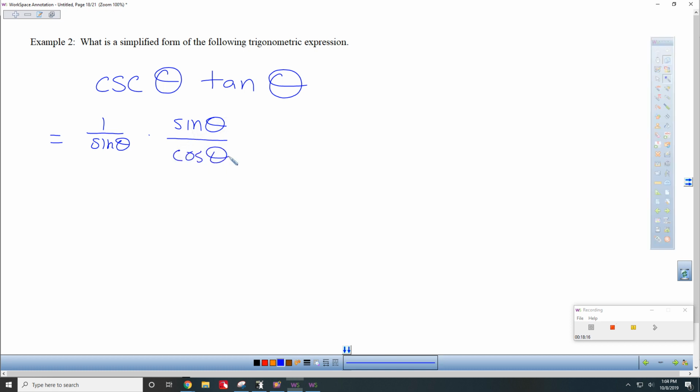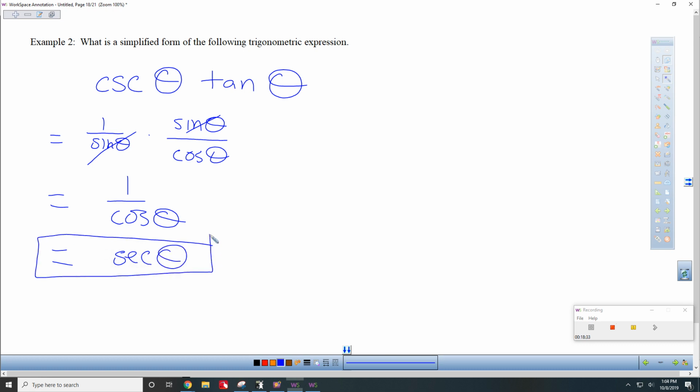Oh, nice. Well, those cancel, leaving you with 1 over cosine theta. But 1 over cosine theta is more commonly written as secant theta. So this is what you're doing. You're basically rewriting things in different ways, and that's the best setup I can give you.